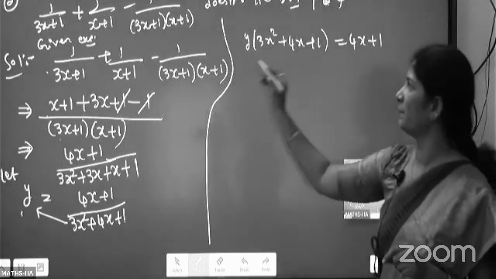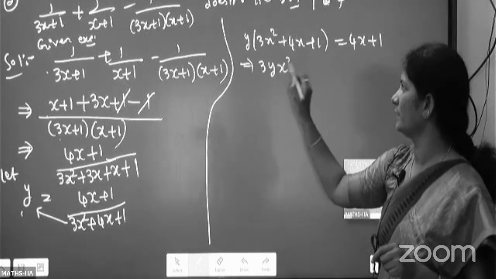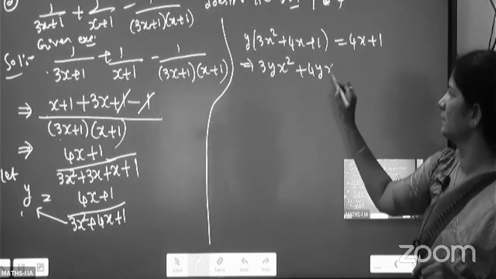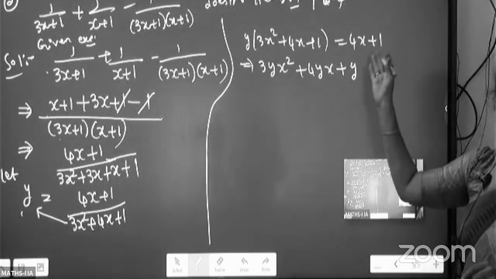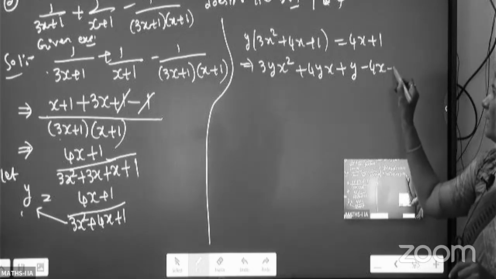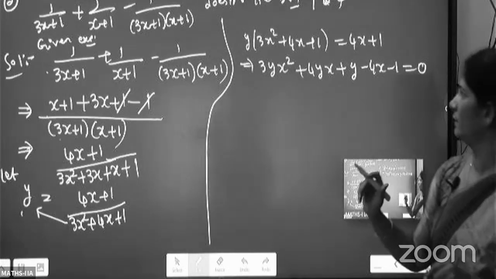Now multiply. This becomes 3yx square plus 4yx plus y into 1 is y. Bring these two terms to the left side. So it is minus 4x minus 1 is equal to 0, because nothing is left out there.